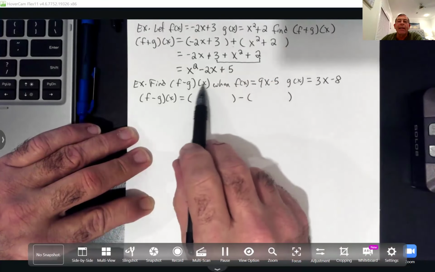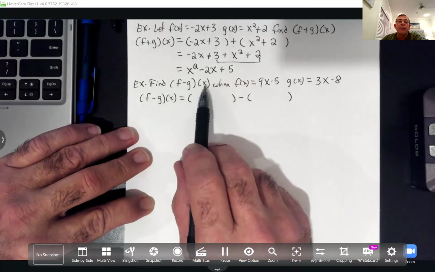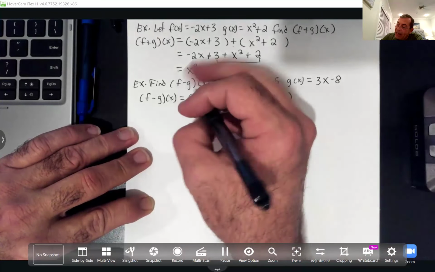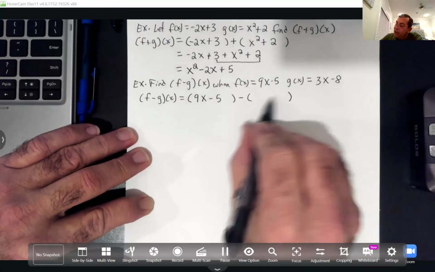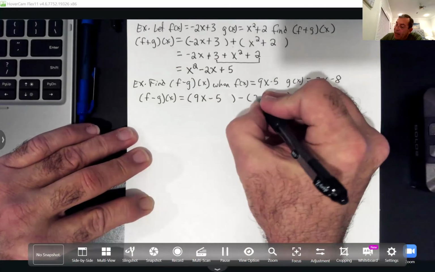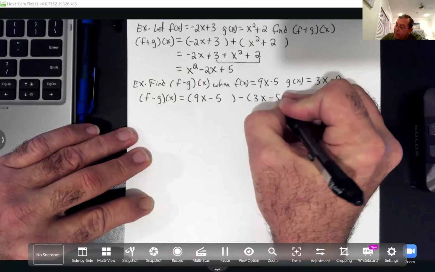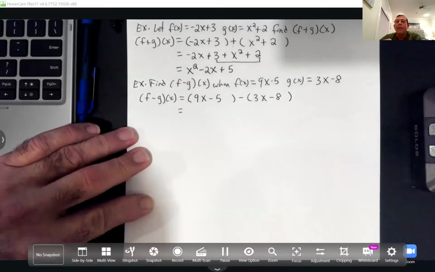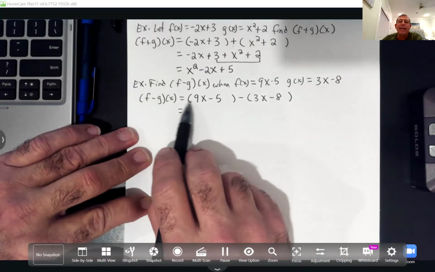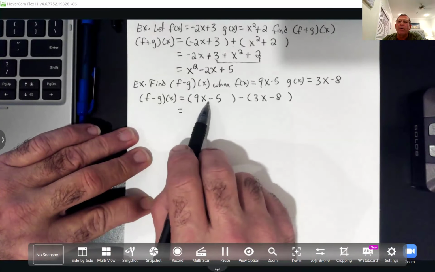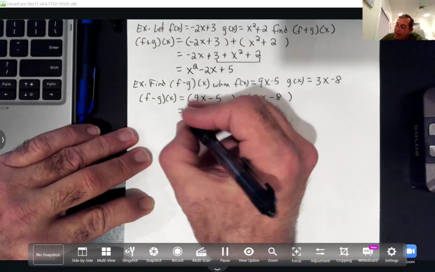And notice, once again, they didn't give me no numbers. So f of x will stay 9x minus 5. G of x will be the 3x minus 8. But y'all, the most important step is what we're about to do. First parentheses has nothing in front of it, so I'm going to bring down that 9x minus 5.